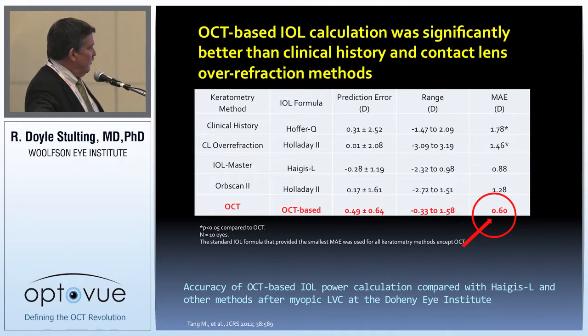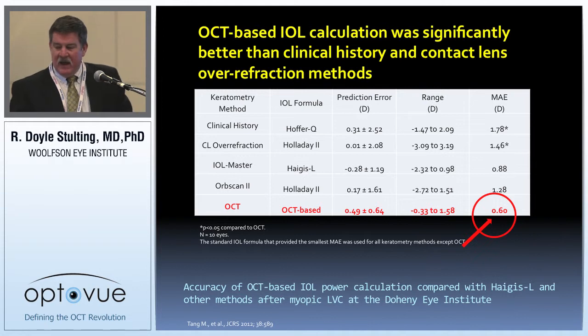And here those are on that same population of eyes, with a mean absolute error ranging all the way up to 1.78 from the clinical history. And here is the OCT. So that compares much more favorably than the other methods of determining IOL powers.